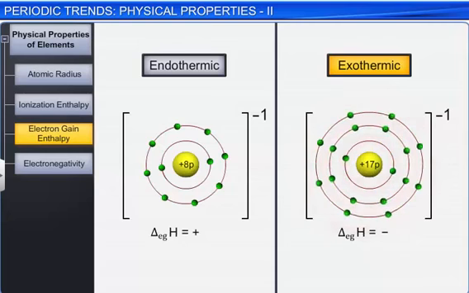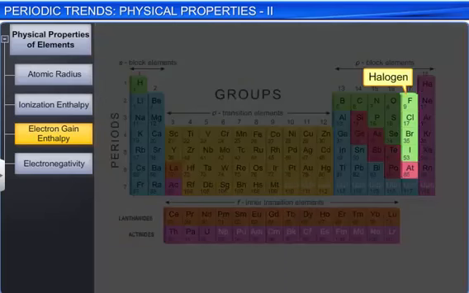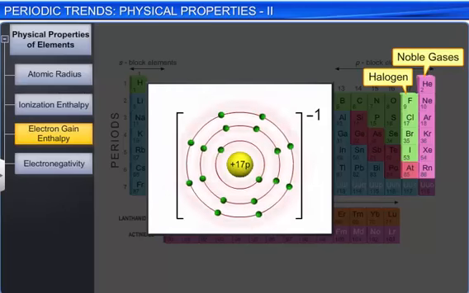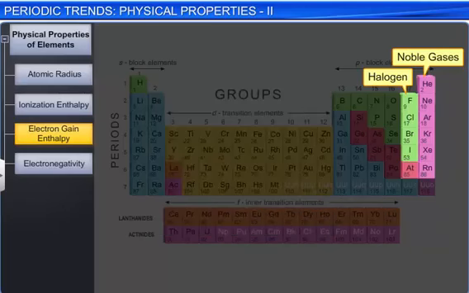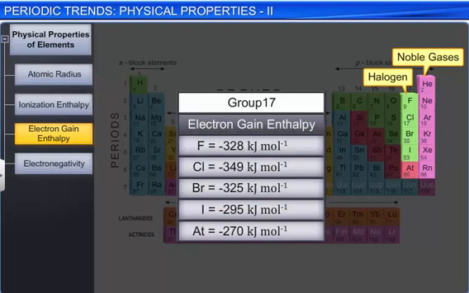For example, halogens attain a stable noble gas electronic configuration after gaining an electron. Hence, they have very high negative electron gain enthalpy values. On the other hand, noble gas elements have large positive electron gain enthalpies.